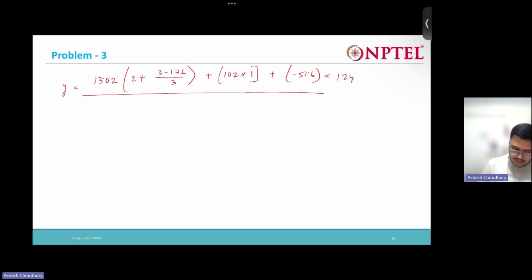Now I will tell you. Divided by 63. So it is 1.24. 6.6.